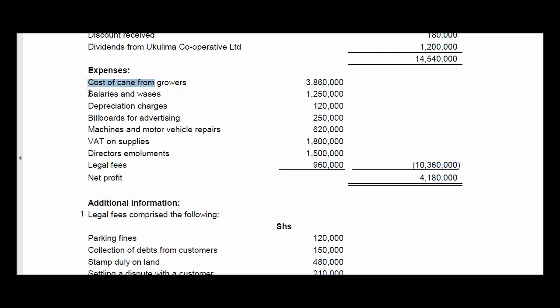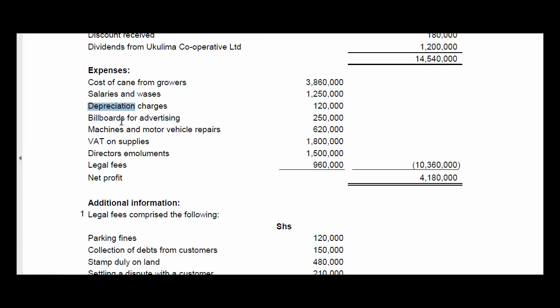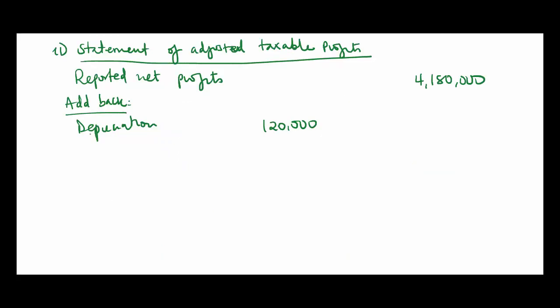So cost of cane was allowable, salaries was allowable, depreciation is never. So 120,000 add back. Billboards is capital in nature, so again should not be recognized as an expense.